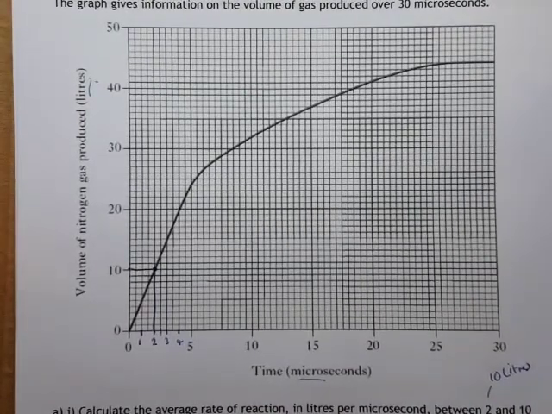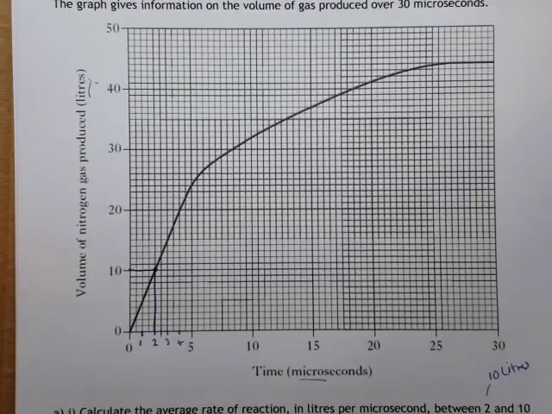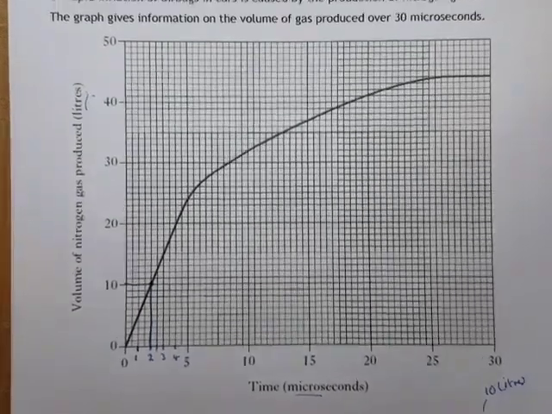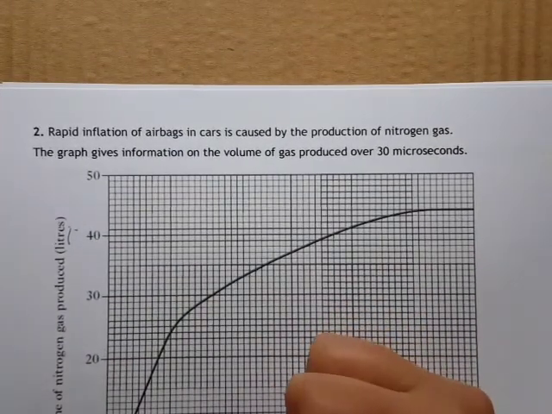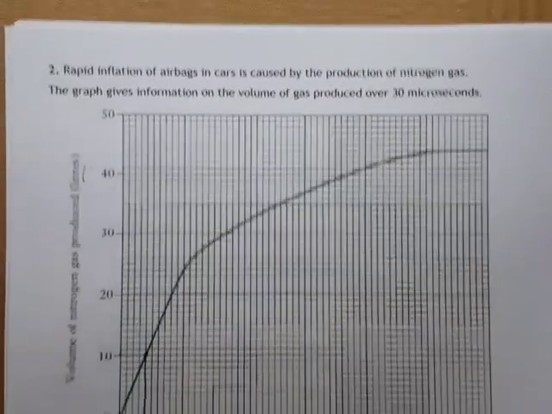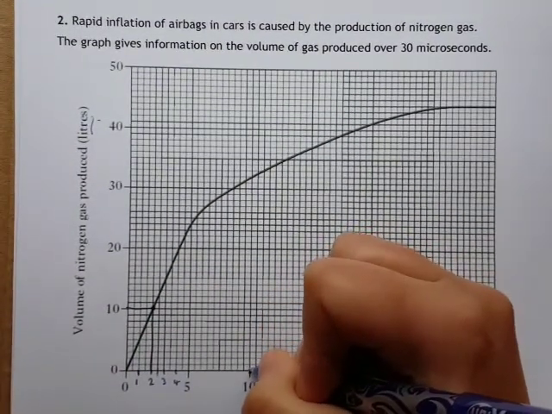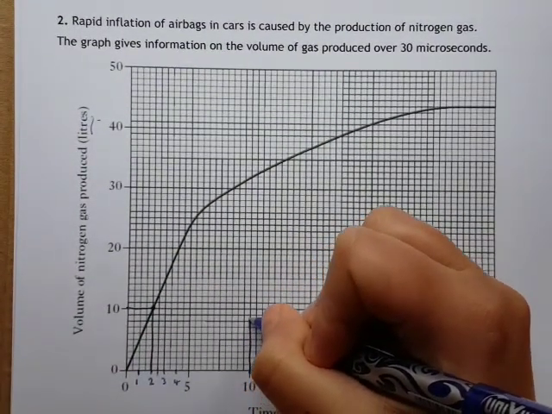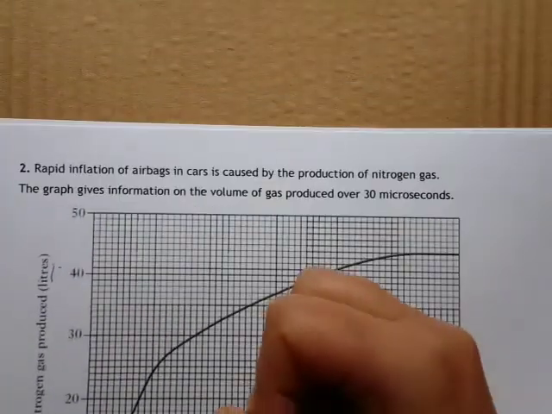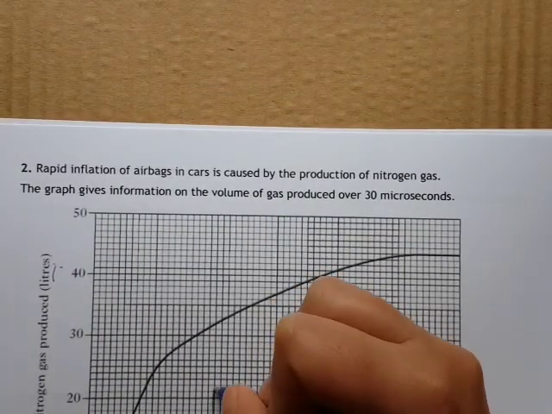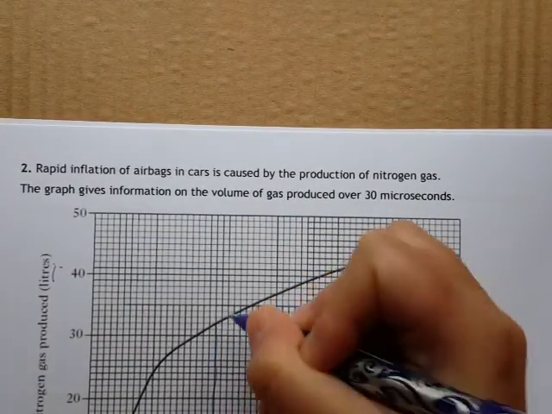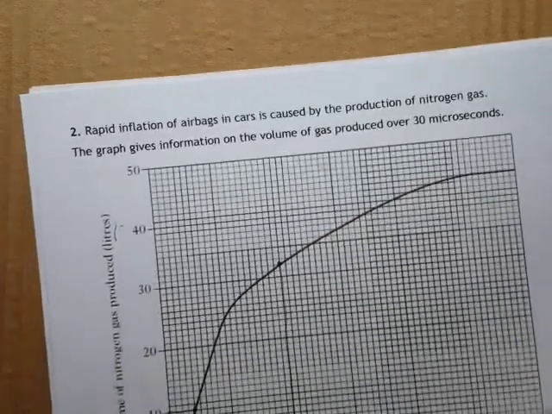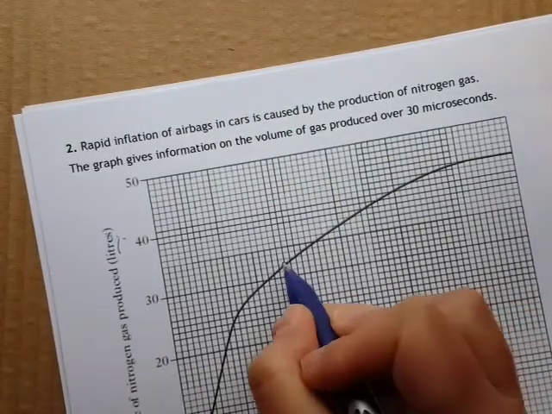But I'm looking for the change in quantity between 2 and 10. So at 2 it was 10. And then at 10 microseconds, again, I'm going to follow that line. Don't be afraid to draw on the graph, but if you do draw on the graph, make sure you're nice and careful. So I'm going to follow that line right up to the point at which it meets this thick line here. And then I'm going to follow it across.